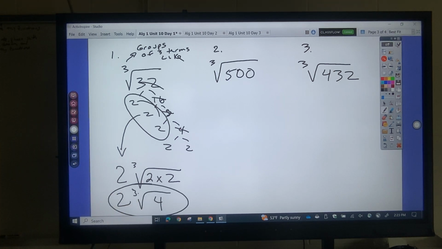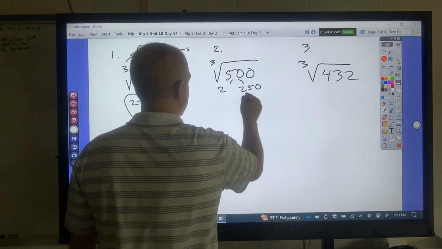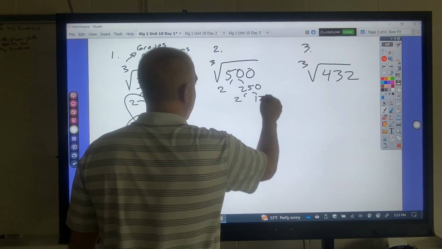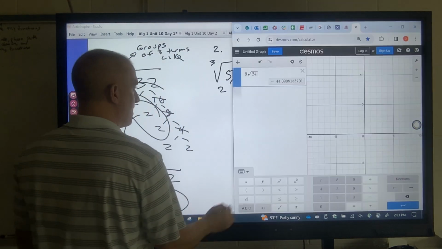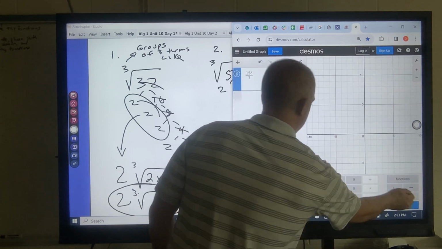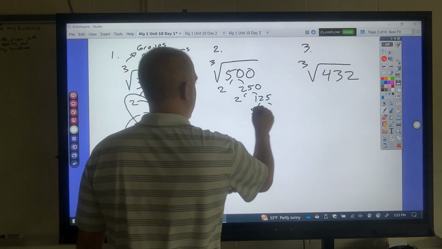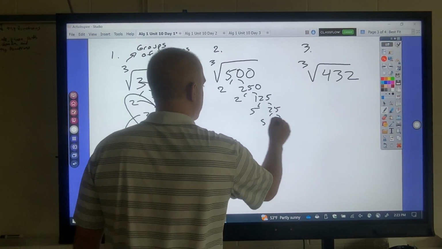It's that simple, okay? So not much different. 2, 250. 2, 125. 125 divided by 2, no good. Divided by 3, no good. Next prime is 5. So 5 and 25, and then it would be 5 and 5.